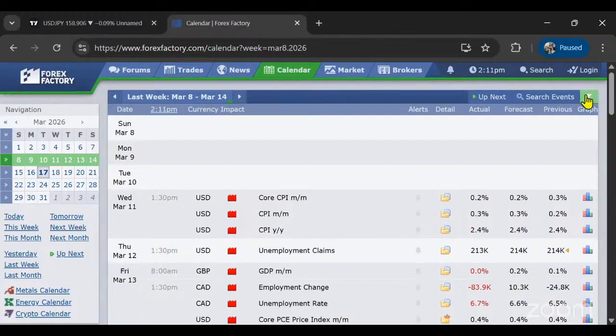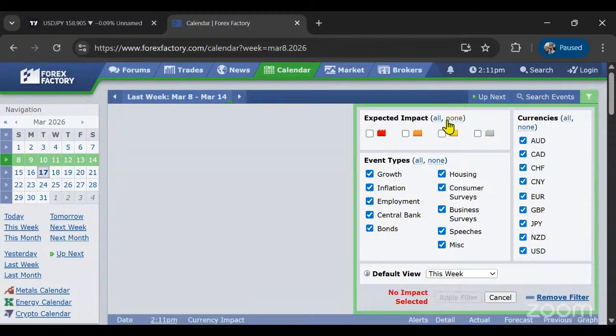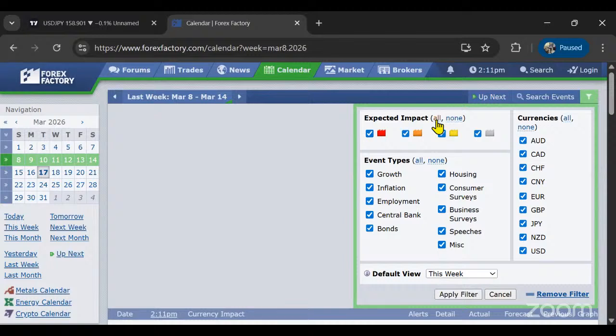So if you pay attention to this, these yellow folders, do you see what they wrote there? Did you see low impact expected?